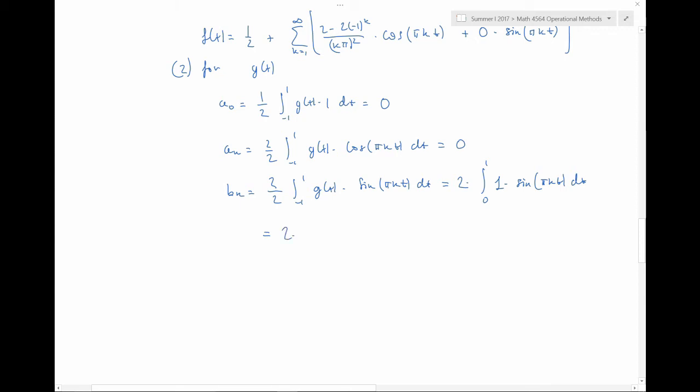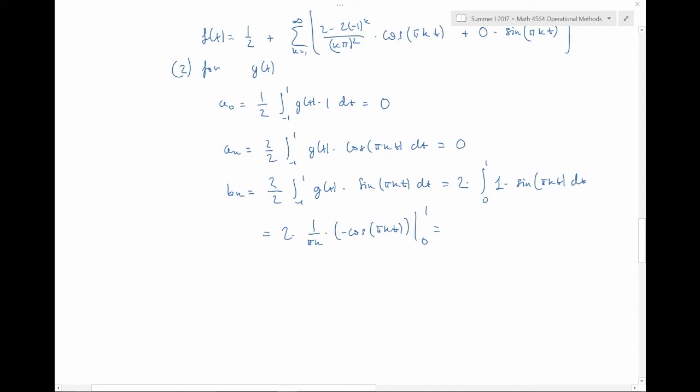So it's 2 times the integral of sine of pi kt, which is 1 over pi k times negative cosine of pi kt, evaluated from 0 to 1.